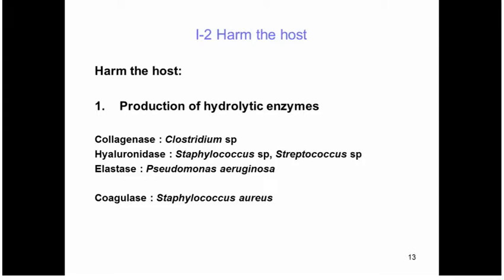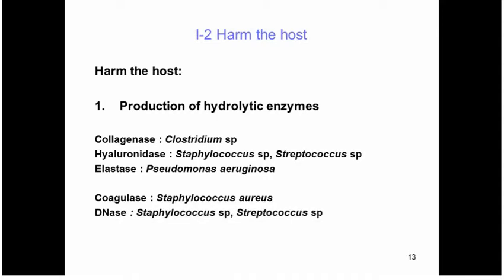When you have it not on the skin, but as a systemic infection, it will start causing blood clots, and these blood clots will lodge somewhere in the circulation, and this will be the beginning of the formation of an abscess, which is a very specific characteristic of Staphylococcus aureus infection.